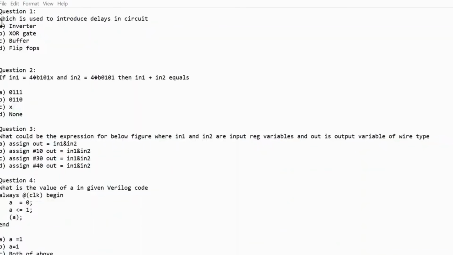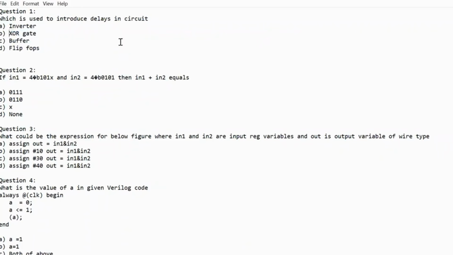Okay, got it? Question: which is used to introduce delays in the circuit? Can you tell me what the answer is? Buffer. Buffer is a delay element. Okay, not only buffer, every gate has a delay.